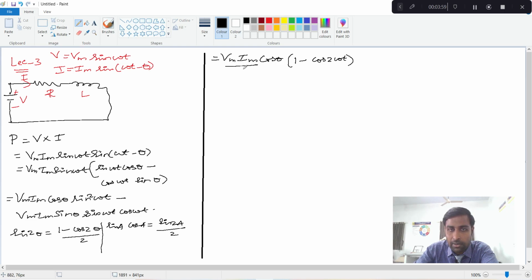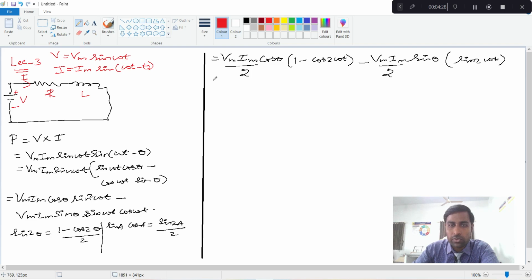Minus Vm Im sin theta, and in the bracket, instead of sin a cos a, both are the same, so sin omega t cos omega t I can write as sin 2 omega t divided by 2. So these are the two expressions.